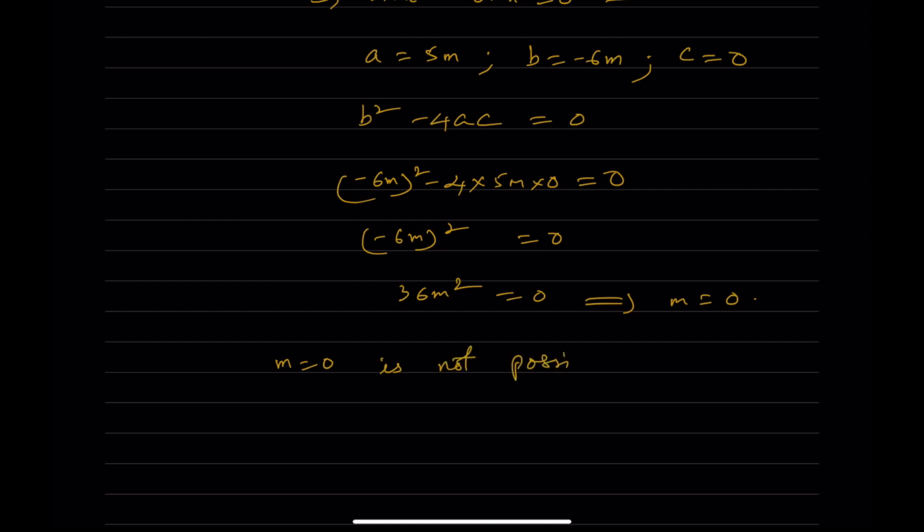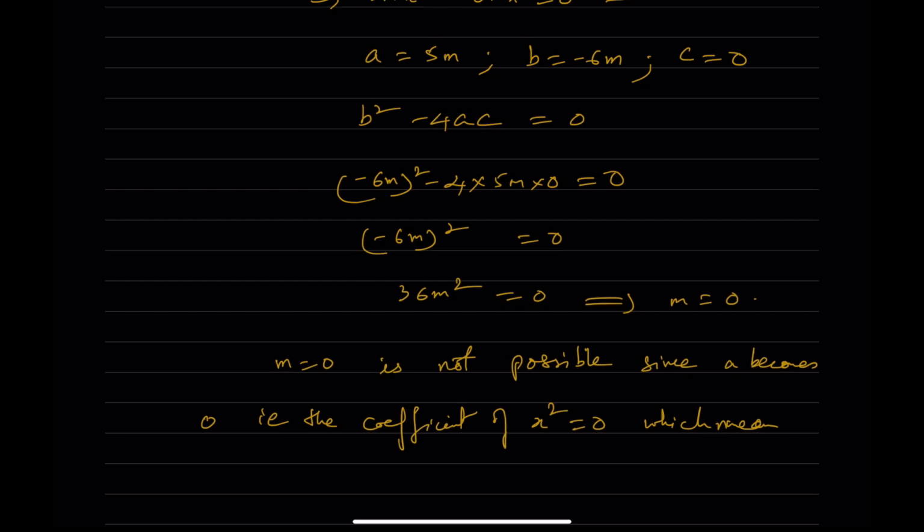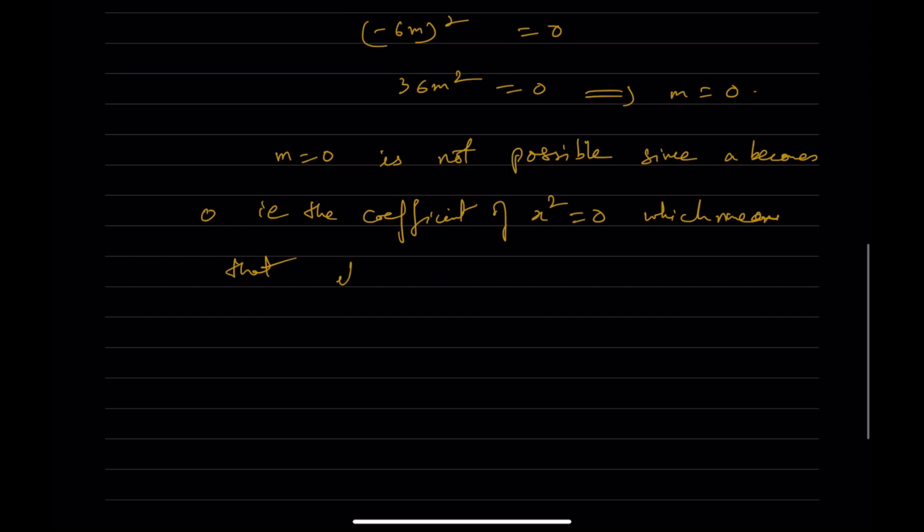Why? Because a becomes 0, that is the coefficient of x square is equal to 0, which means that the given equation is not a quadratic equation.